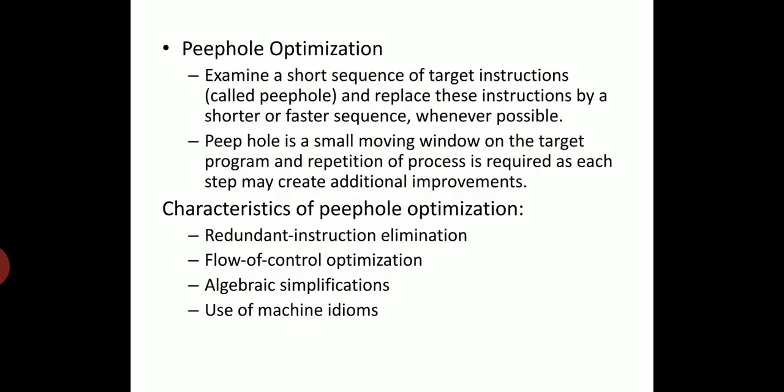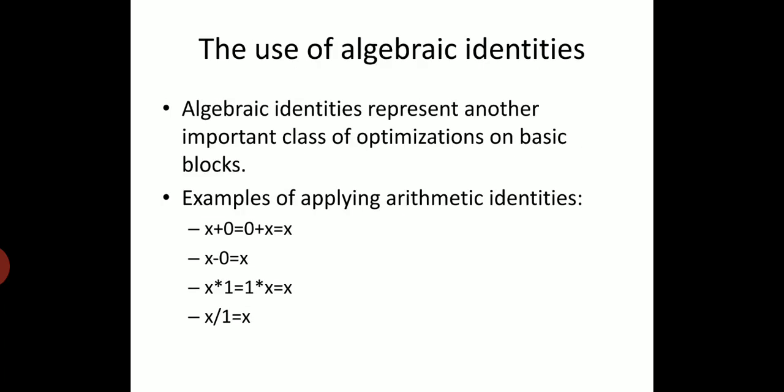That is peephole optimization. The characteristics of peephole optimization are redundant instruction elimination, flow of control optimization, algebraic simplification, and use of machine idioms. Inside the optimization of basic block, it is dealing with the algebraic simplification. That means all the algebraic transformations that we can apply for the basic block.